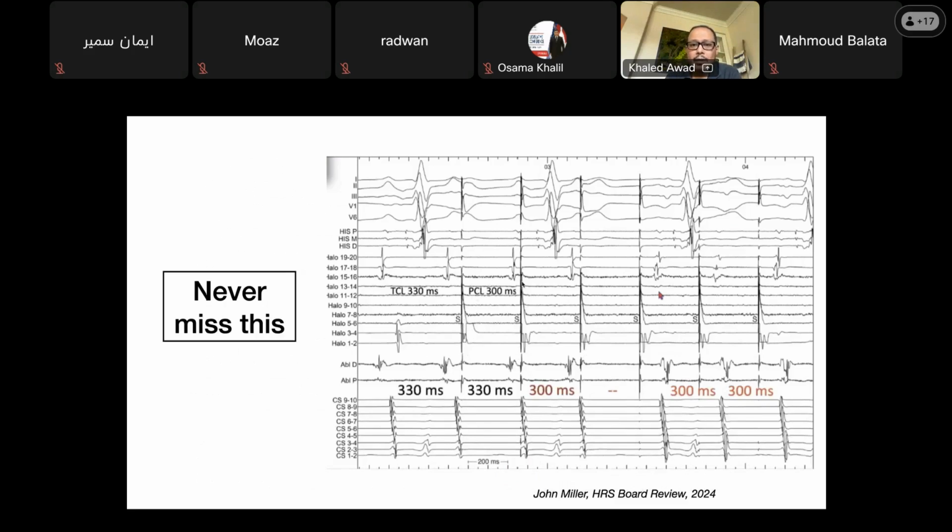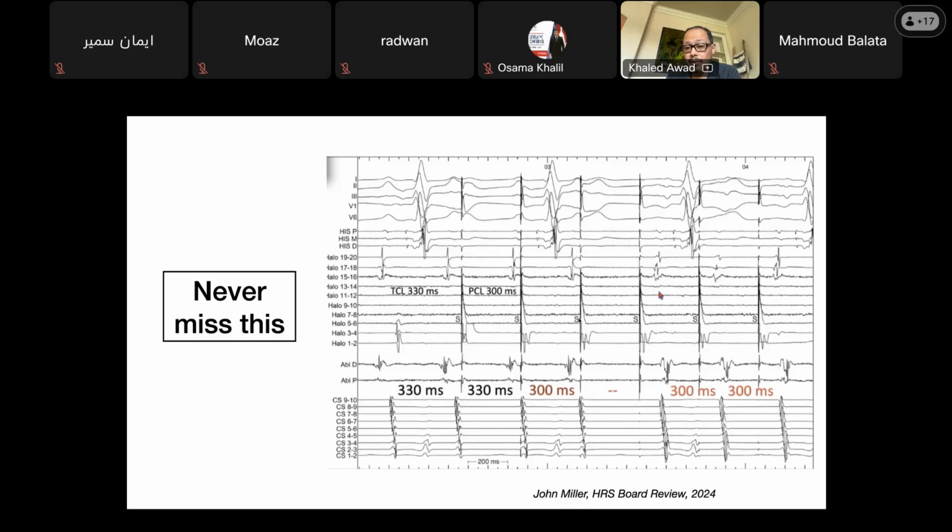And then we have a stimulus that goes down, and it essentially, at a shorter cycle length, I think it's this one here. This one goes down and actually terminates the tachycardia. Now, it terminates the tachycardia because we know the coronary sinus right there, it stopped.